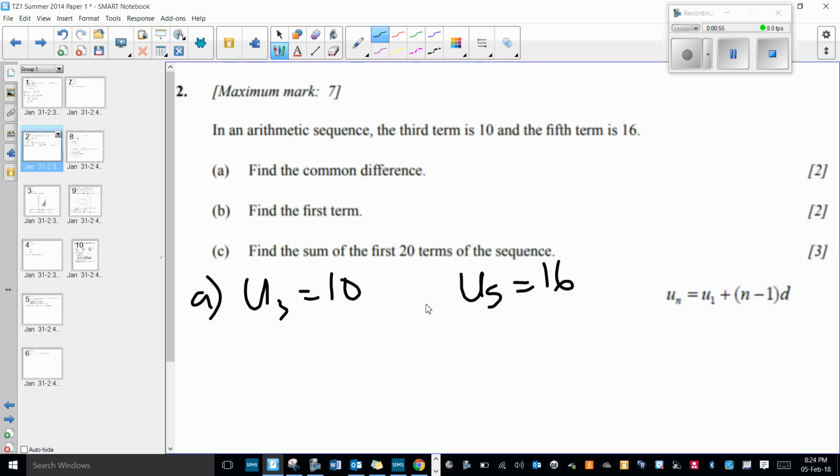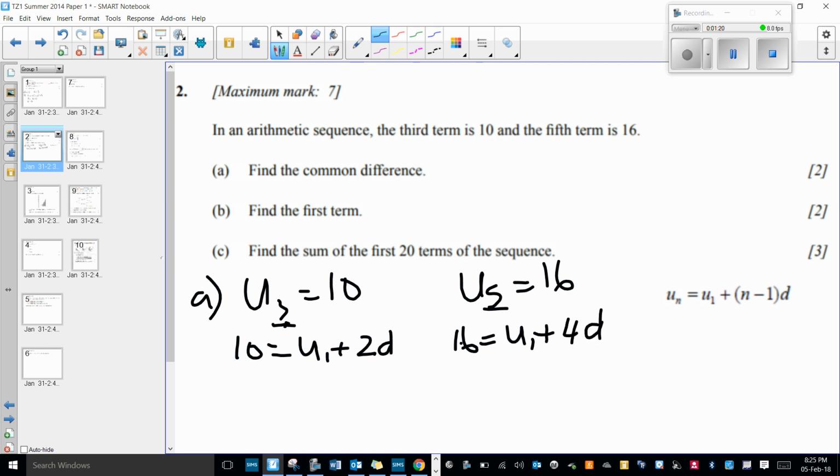So we know that 10 is equal to u1 plus, and then I can work out the n minus 1 part, so n is 3 obviously in this case, so that's 3 take away 1 is 2d, and then for this one n is now 5, so this is 16 equals u1 plus 4d.